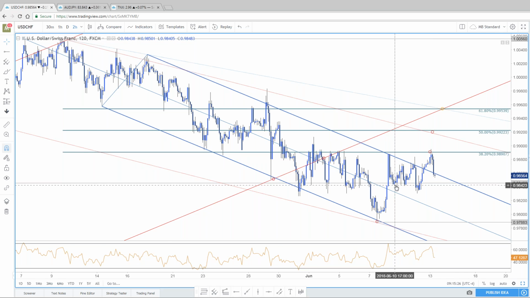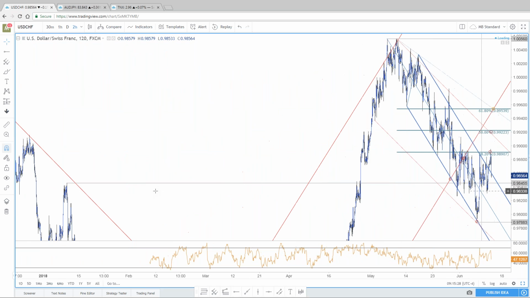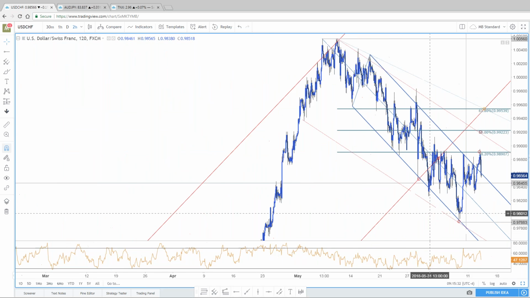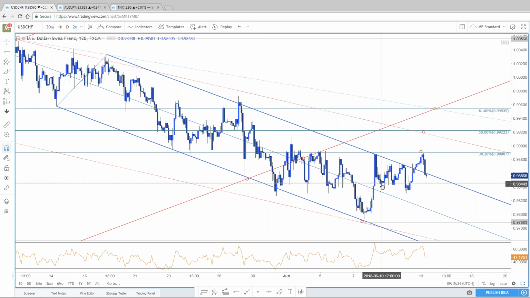Remember, the weekly open actually comes in with that same level of support that we've been looking at, which is 98.45. Weekly open comes in at 98.44.